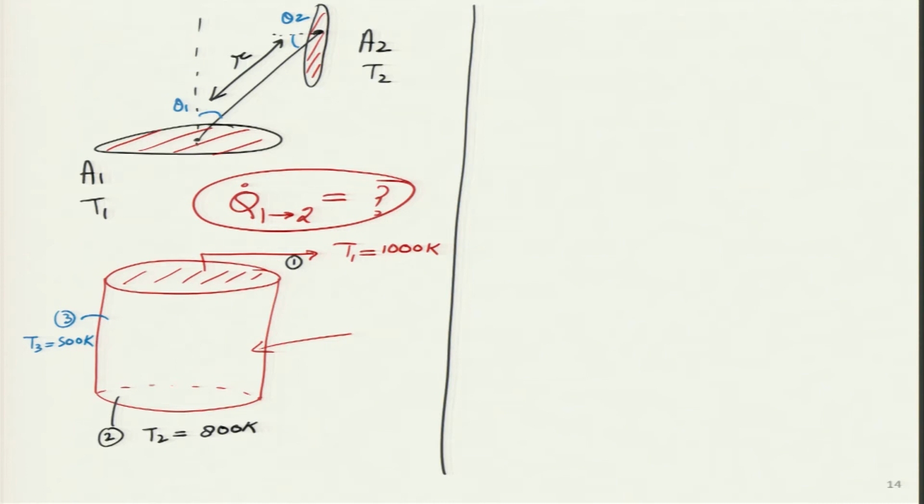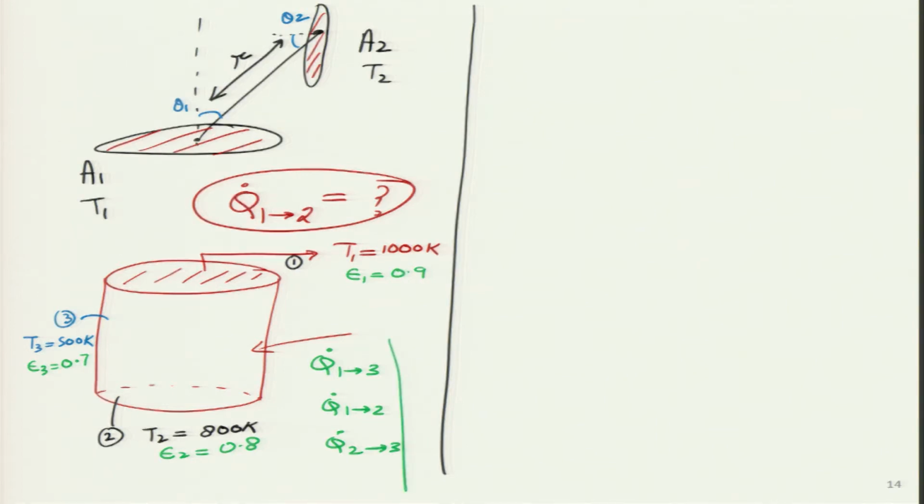Let me make it slightly more complicated, because in real life we may have materials which have non-black body emissivity, which means I can put some emissivity numbers for these three surfaces. And what I need to find out now is the rate of heat transfer from 1 to 3, from 2 to 3, from 1 to 2, and reverse as well.